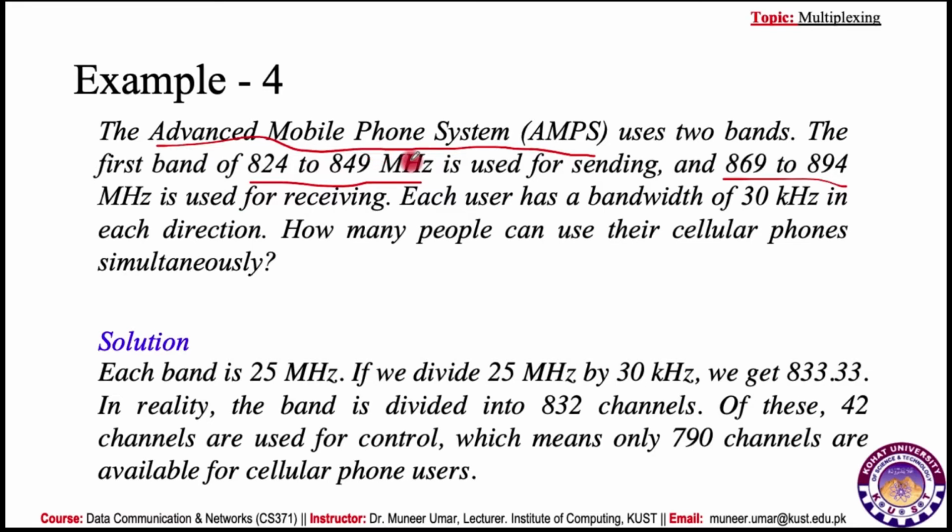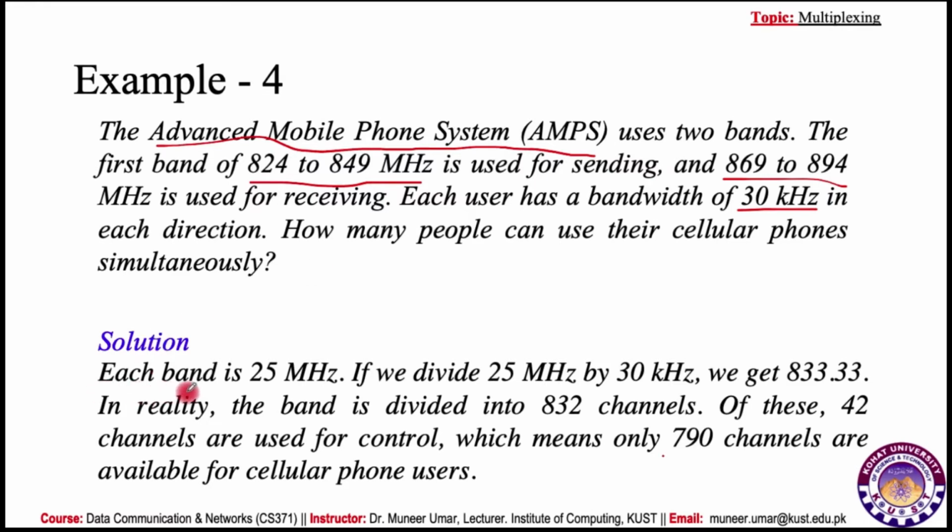This is in megahertz. Now each user has a bandwidth of 30 kilohertz, not megahertz, kilohertz in each direction, 30 plus 30. At one time, how many people can use cellular phones?